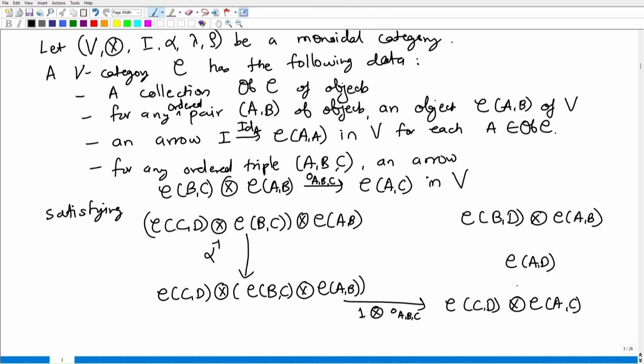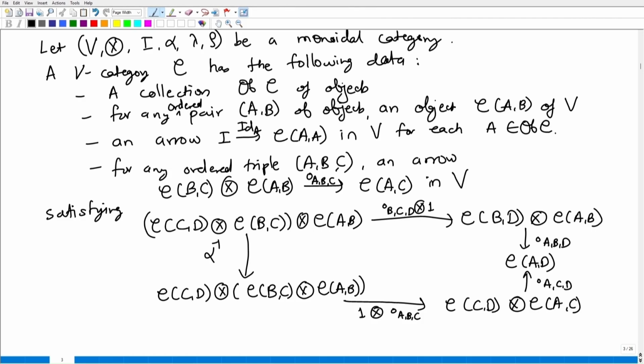I am not writing 1 over what because the notations are too long. The horizontal arrow here is composition BCD tensor 1. Then this is the composition over ABD, and this is the composition over ACD. Okay, understood?